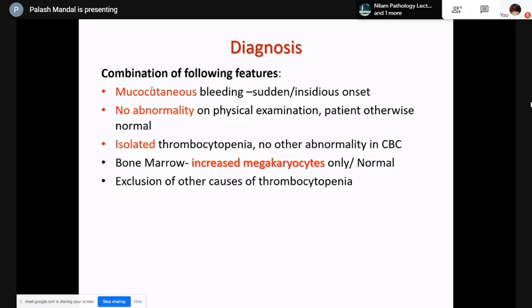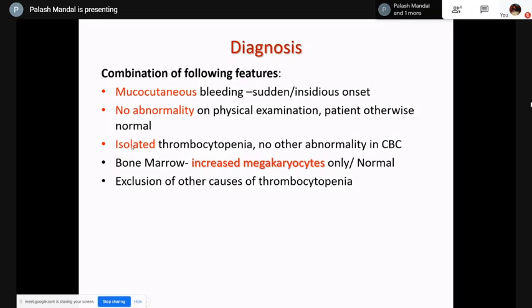So what is written here means that even if the person comes during the normal phase, we have told about the waxing and waning of the disease, so if the person comes during the waning of the disease, the patient may appear absolutely normal.